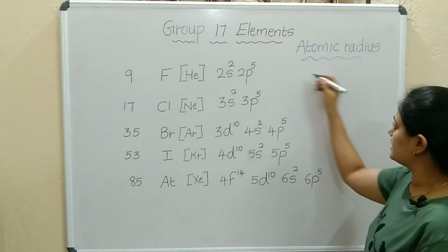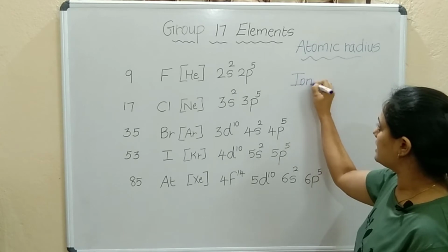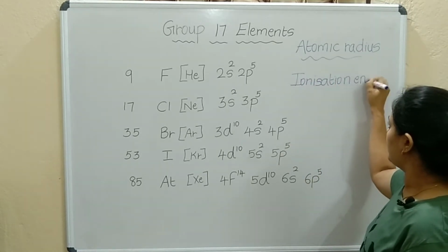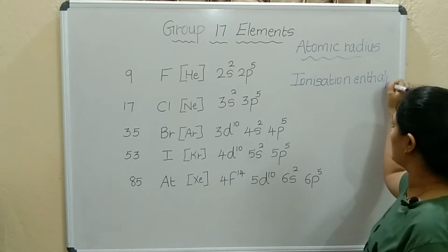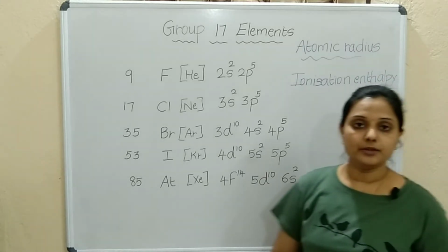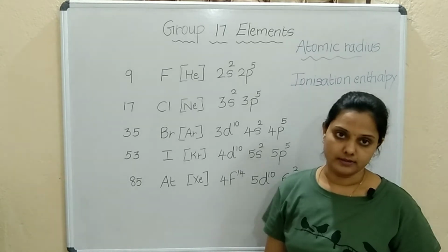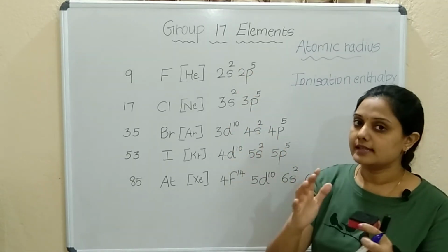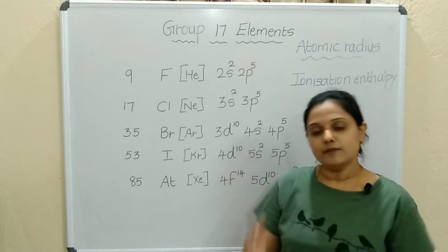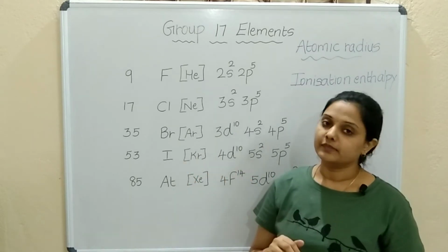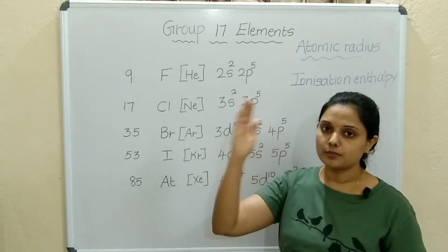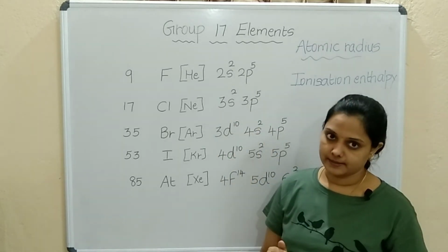We will see the next property, that is ionization enthalpy. Ionization enthalpy means the energy needed to remove an electron. Down the group, the size is increasing. If the size is increasing, the nuclear force of attraction on the outermost electron will be less.